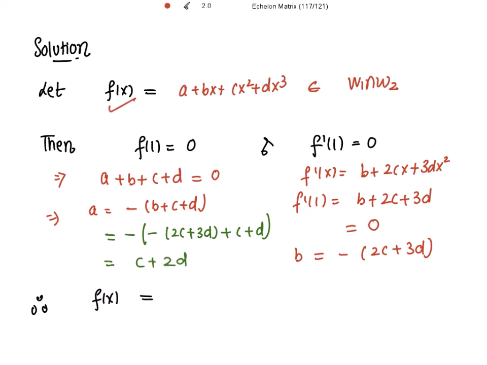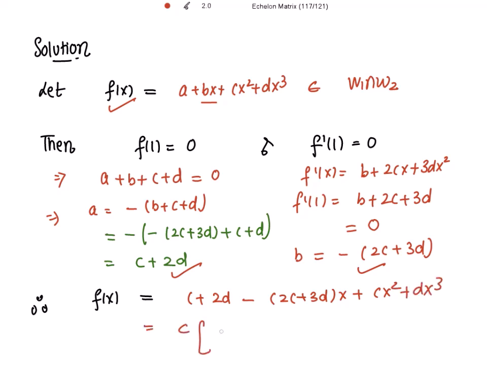And if we write back this polynomial, putting the value of a, we have c + 2d + bx, and for b I write -(2c + 3d)x, plus cx² plus dx³. Taking c common first, we get 1 - 2x + x². If I take d common, we get 2 - 3x + x³.